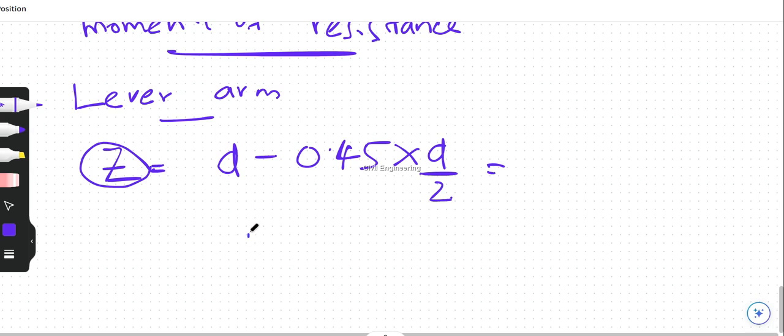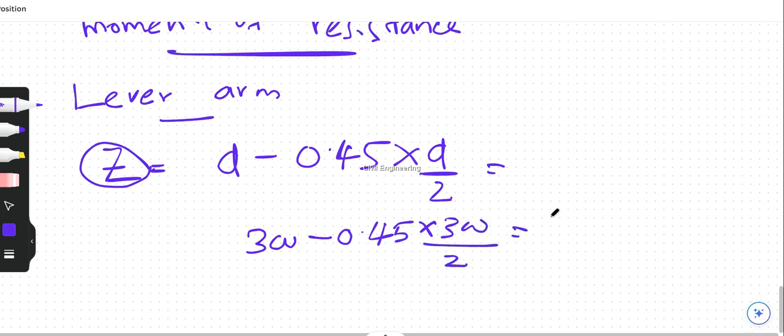Here d is equal to 300 minus 0.45 into 300 over 2, that is equal to 132.5 millimeters.